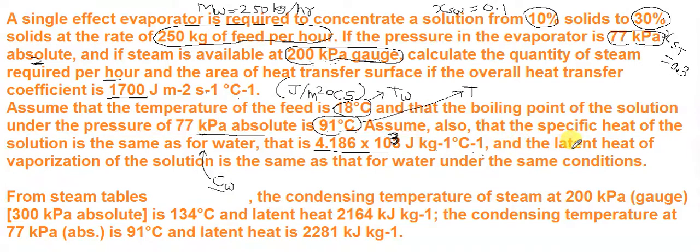They have also given that the latent heat of vaporization of the solution is the same as that of water under the same condition. The latent heat of vaporization of solvent is 2281 kilojoule per kg, and this will be the value of our lambda v.